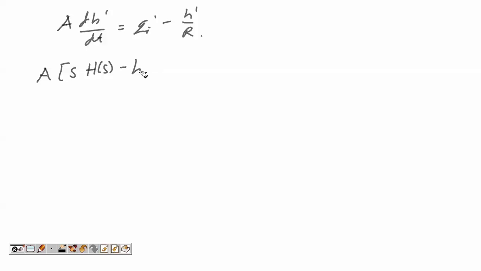Okay, the Laplace transform of A dH prime over dt is A times s times H(s) minus H prime(0), which is equal to Q_i(s) minus H(s) over R. So the Laplace transform of Q_i is Q_i(s), and the Laplace transform of H is H(s) over R. So why do we write this equation?